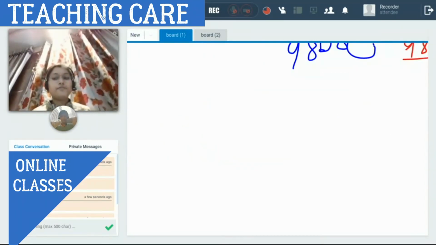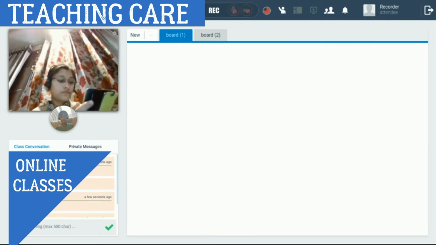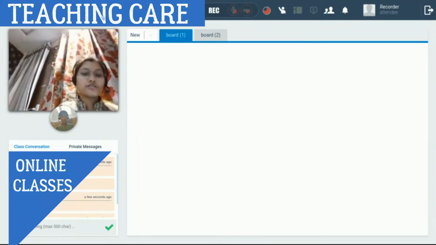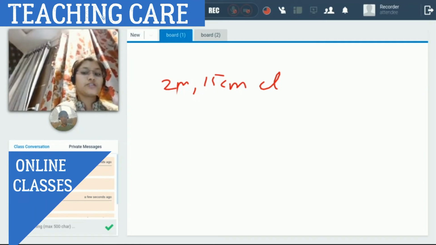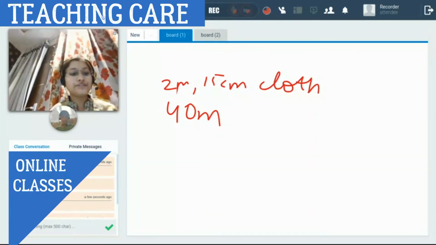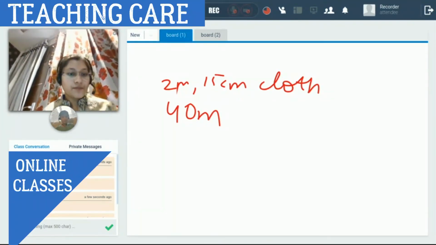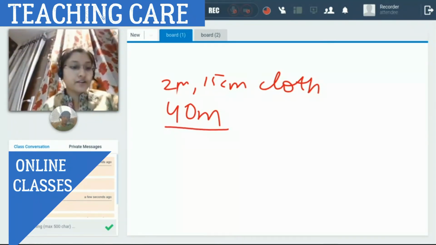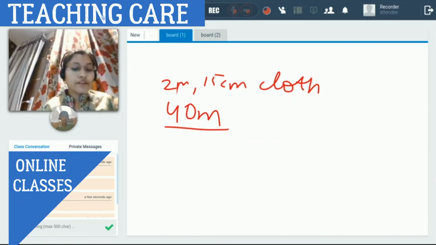Now the next question. To stitch a shirt, 2 meter 15 centimeter cloth is required. Out of 40 meter cloth, how many shirts can be stitched? Total I have 40 meter cloth with me.